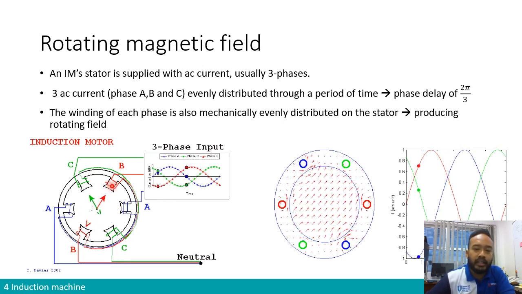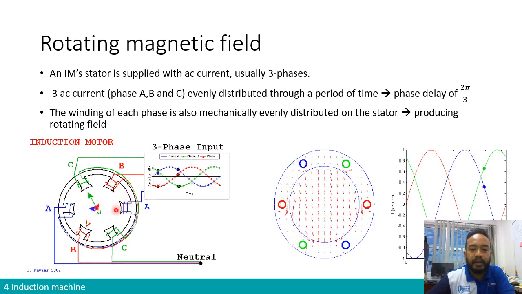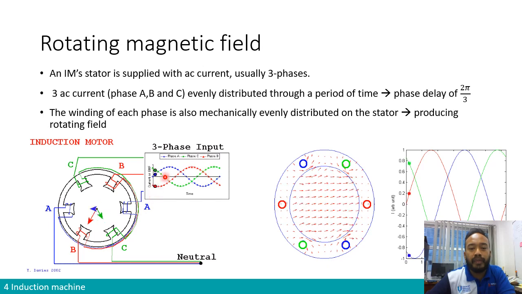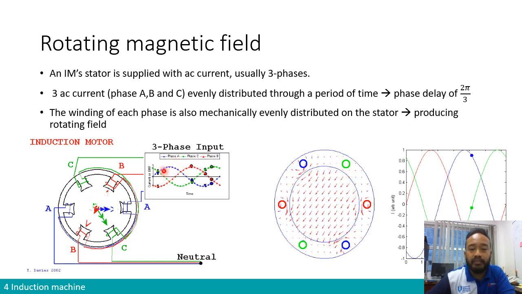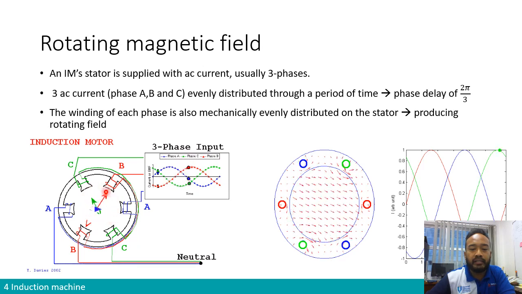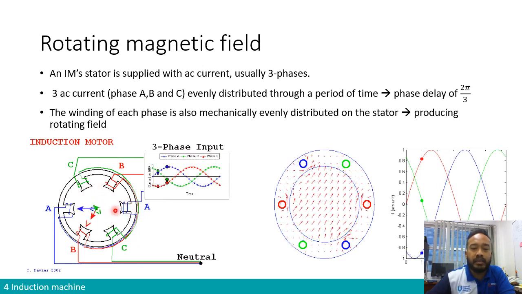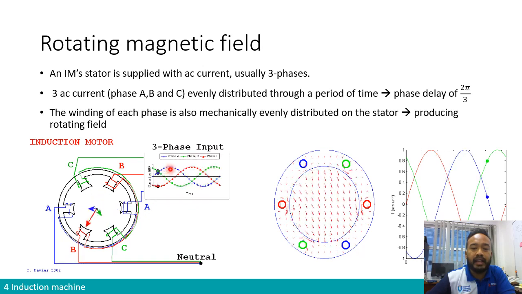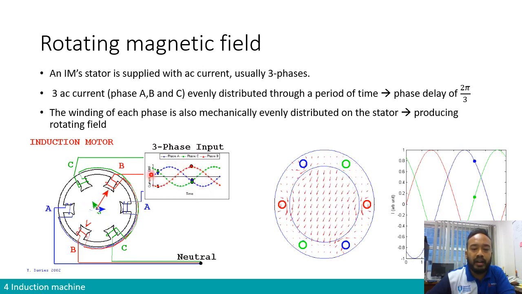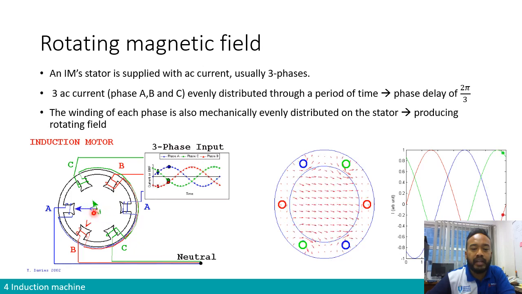Okay. So the interesting thing happens when we supply this coil with current of three phases A, B, and C. The vectors that you're looking at over here represent the amplitude and direction of each current A, B, and C. So, for example, look at current A over here.